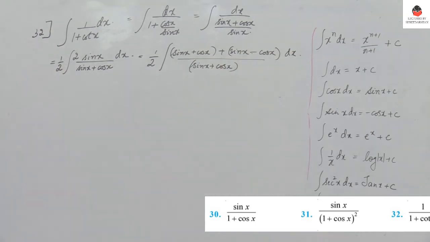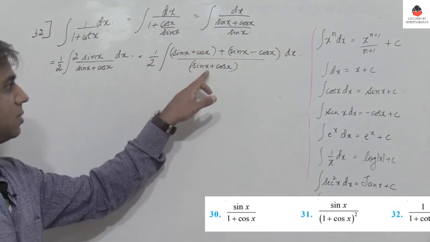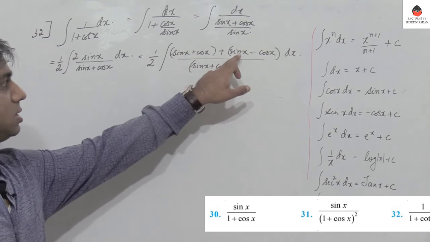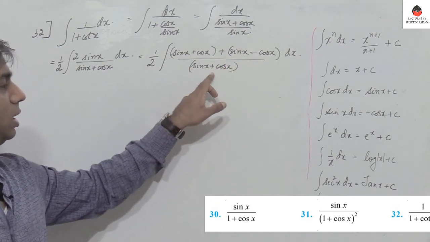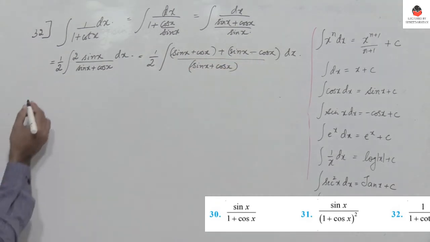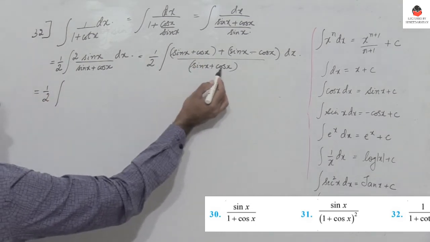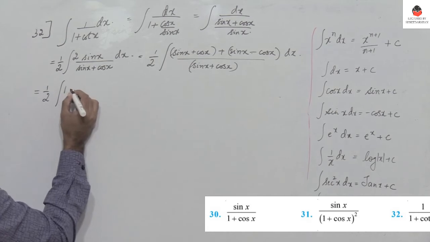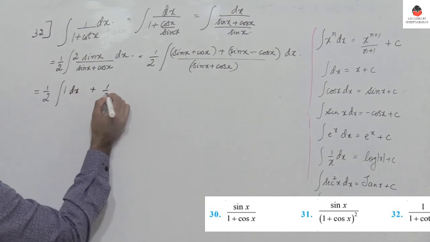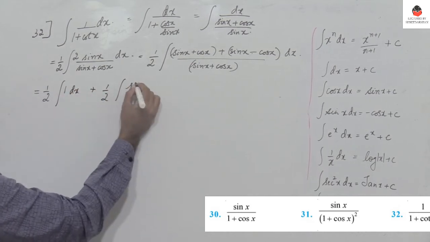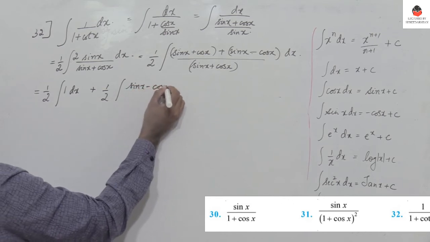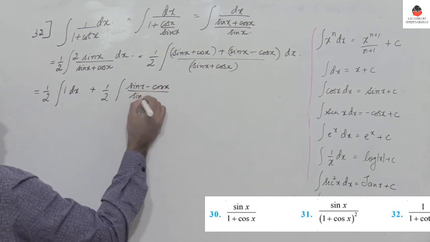Now sin x plus cos x by sin x plus cos x is 1, plus sin x minus cos x divided by the denominator. So you get 1 by 2 into integral sin x plus cos x by sin x plus cos x, which is 1, into dx, plus 1 by 2 integral sin x minus cos x divided by sin x plus cos x dx.